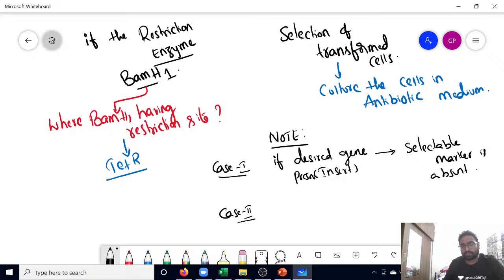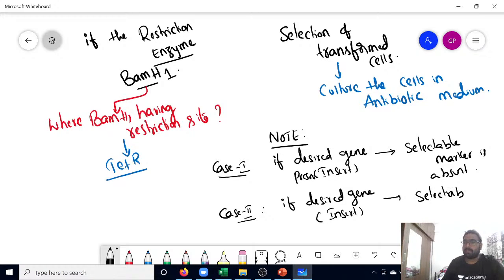If the desired gene, the insert, is not there, the selectable marker is active, it is present. This is the key point you have to keep in your mind.